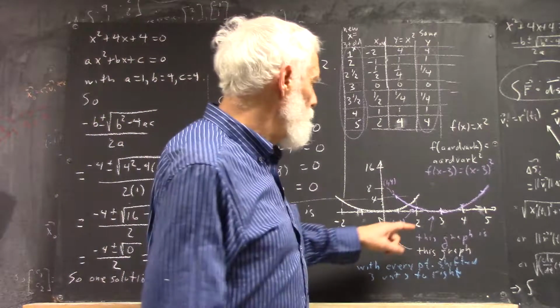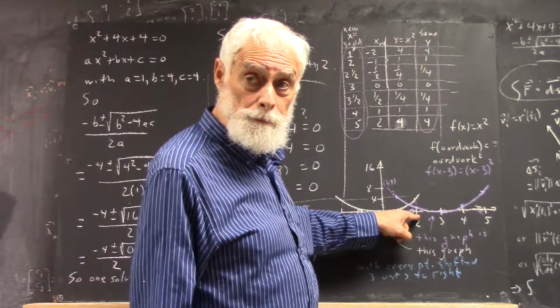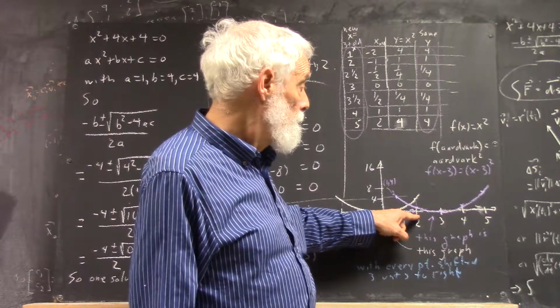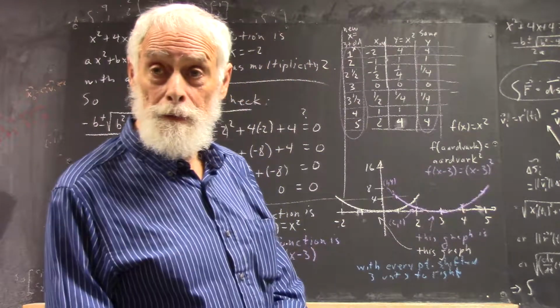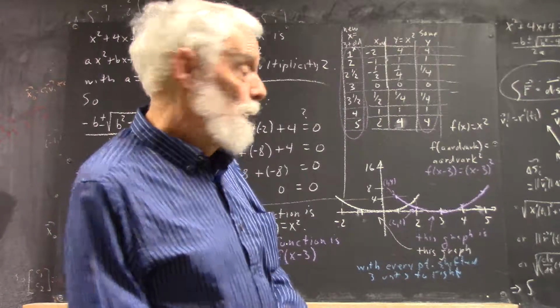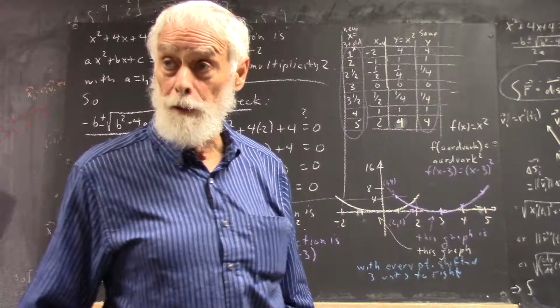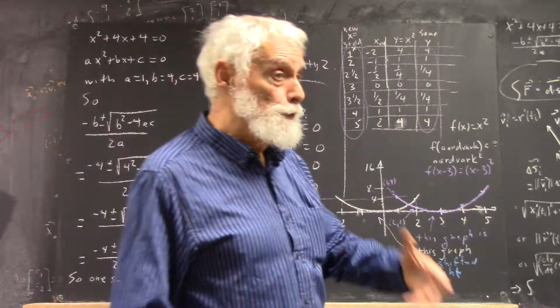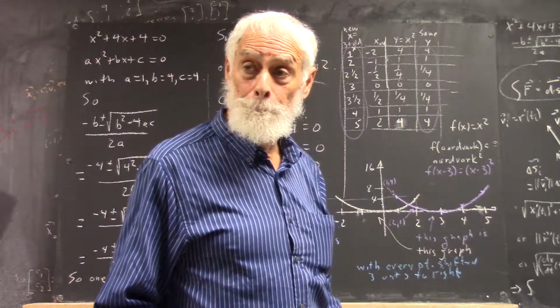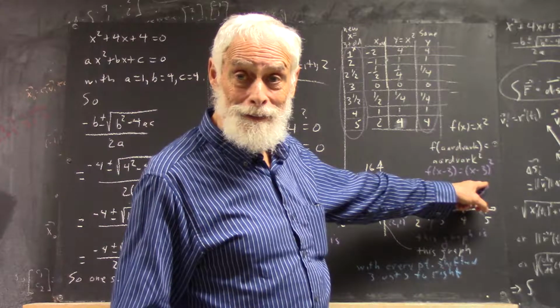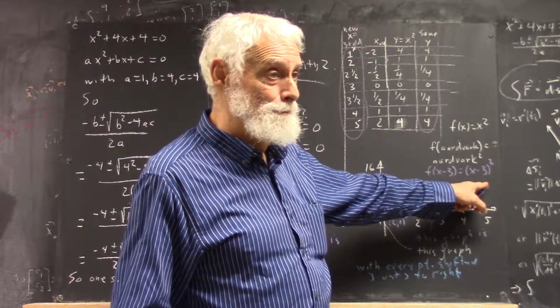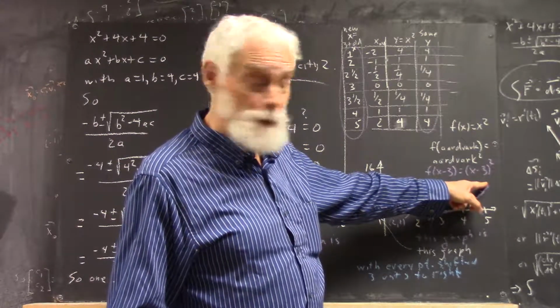So if x equals 2, what's f of x minus 3? Well, it's x minus 3 squared, right? And if x is 2, what's that? Well, what's 2 minus 3? It's negative 1. What do you get when you square that?